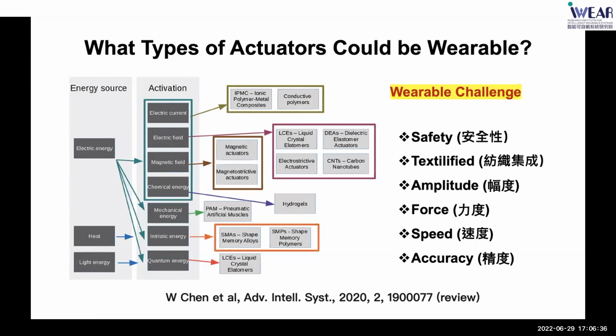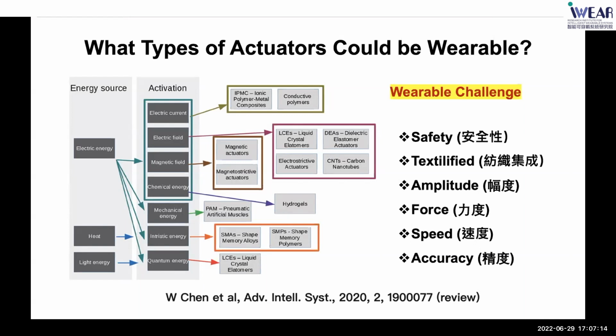In order to use them for wearable applications, which are close to the human body, these issues should be addressed. For example, if we use electrical actuators, the current or the voltage should not be high, should be safe to the human body. If we use heat actuators, the temperature cannot be high. So safety should be the first important issue we need to address for wearable applications.